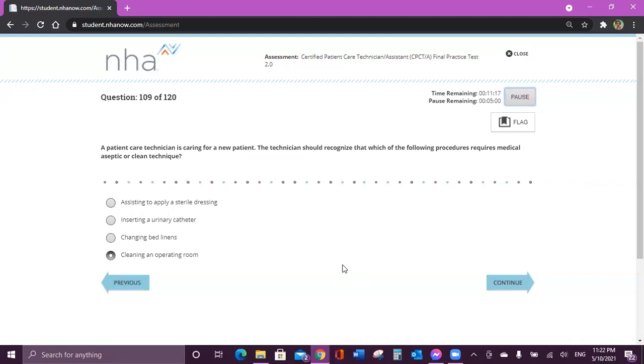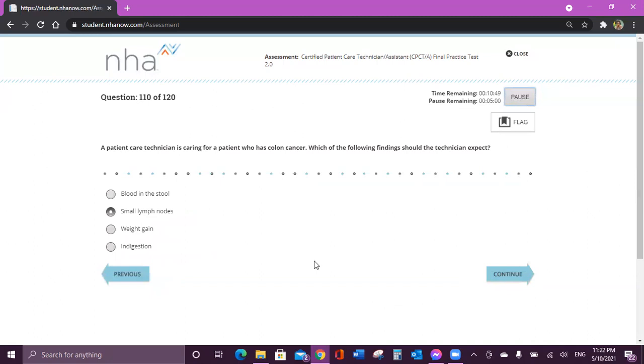Assisting to apply a sterilized dressing, inserting a urinary catheter, changing bed linen, cleaning an operating room. Yes, new patient. Technician should recognize which of the following procedures requires, no, medical. A, correct, assisting in applying a sterilized dressing.